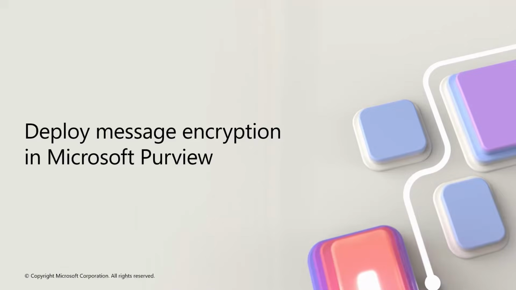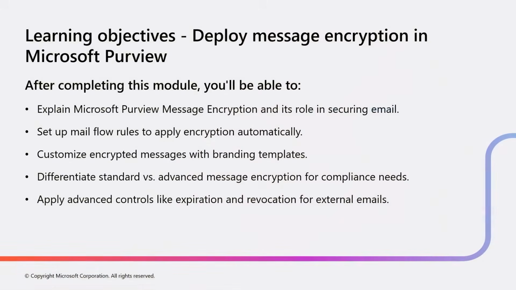Now, if we actually want to utilize message encryption in this email format, this is not just set and forget. There are quite a number of steps we need to take to ensure that it works well. We will need to take a look at some of the pieces over in Exchange to get this set up. We're going to need something called a mail flow rule if we want to apply this encryption automatically.